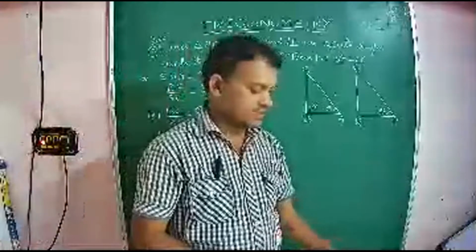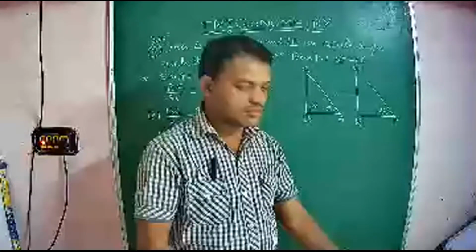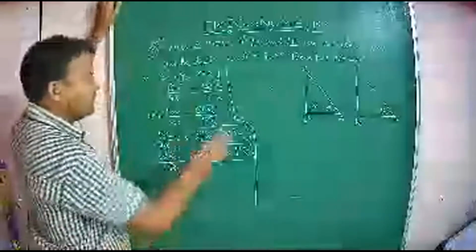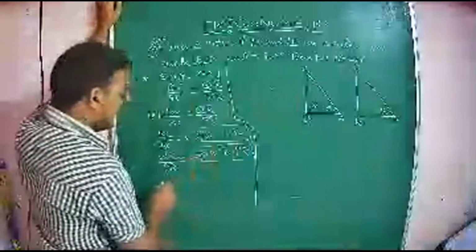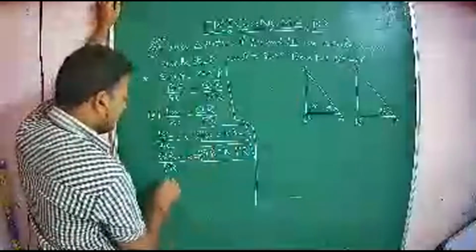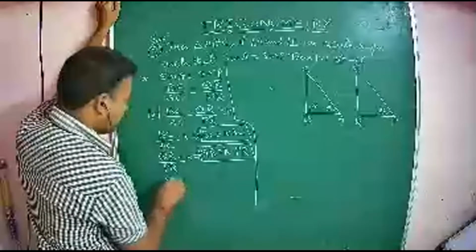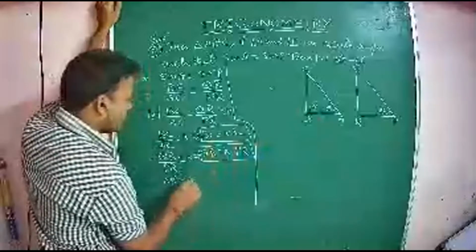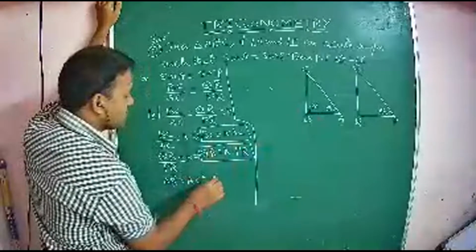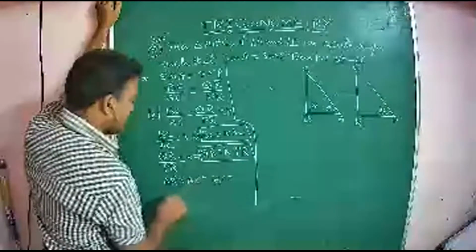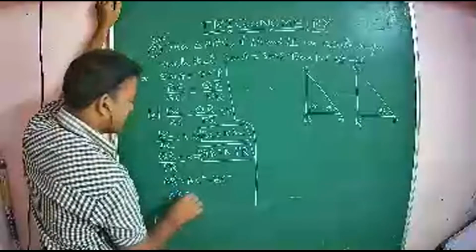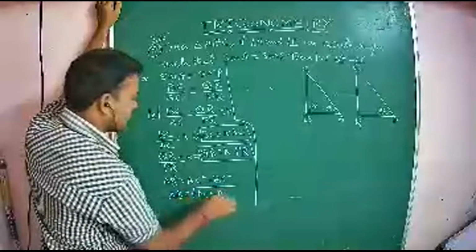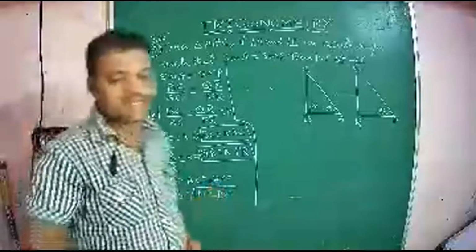Now in this triangle ABC, AB square equals hypotenuse square minus BC square, that is AC square minus BC square. So AB equals the square root of AC square minus BC square.